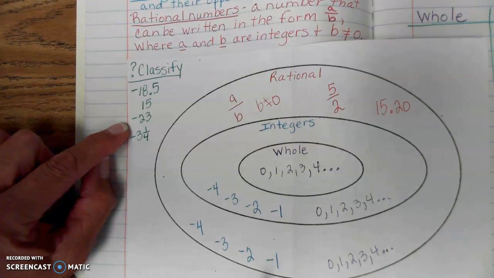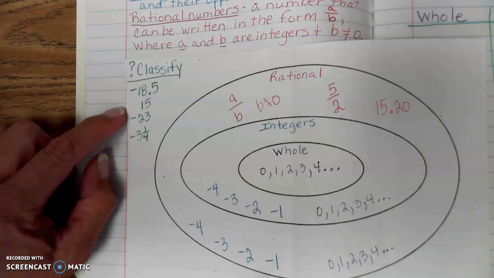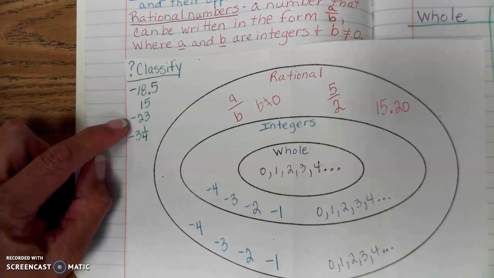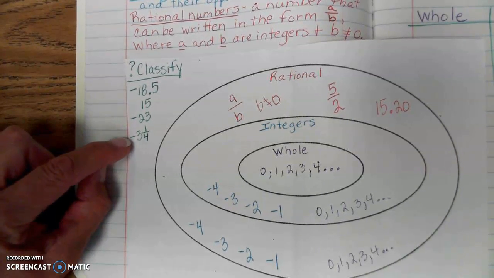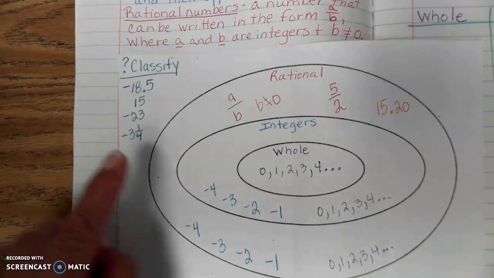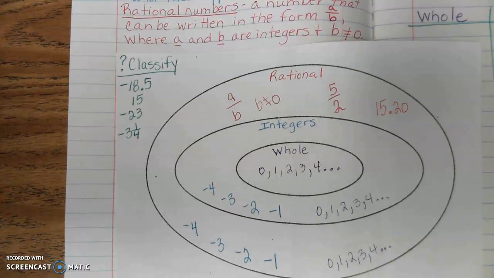That's a good discussion for back in class. The numbers are negative 18 and 5/10, 15, negative 23, and negative 3 and 1/4. Copy those down, click pause, and then place them in the most specific classification, or if they fit in more than one classification, put them in both. Write them down inside your diagram.